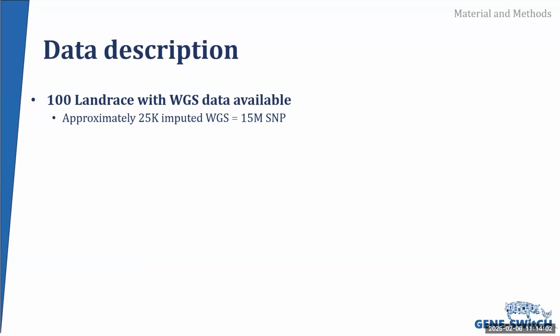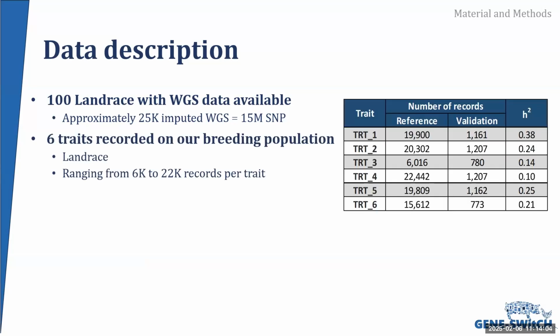For our phenotypes, we used 6 traits that were recorded by Hendrix Genetics and other partners on the landrace breed. And we had about 6,000 to 22,000 records per trait across the entire population.